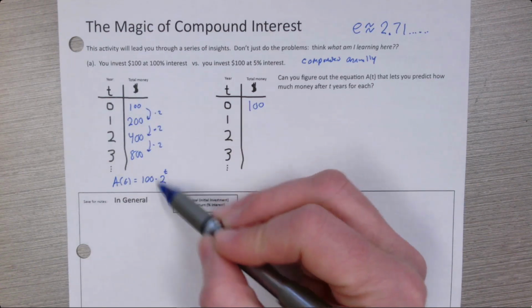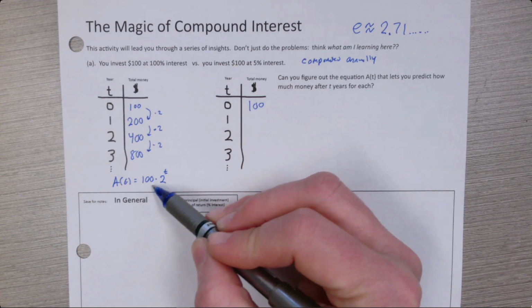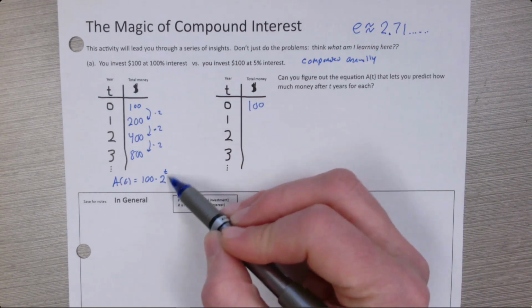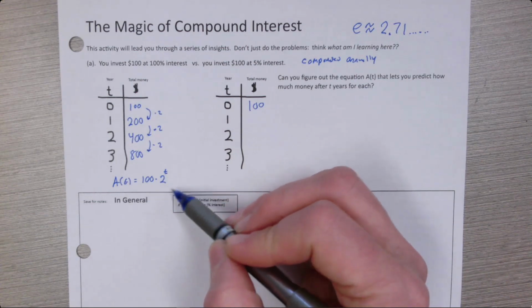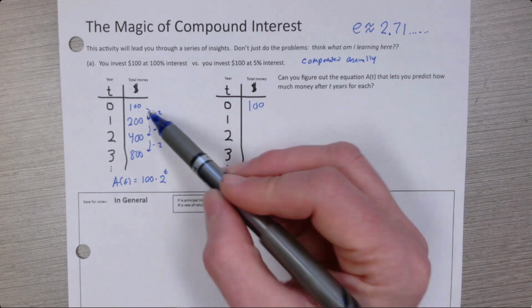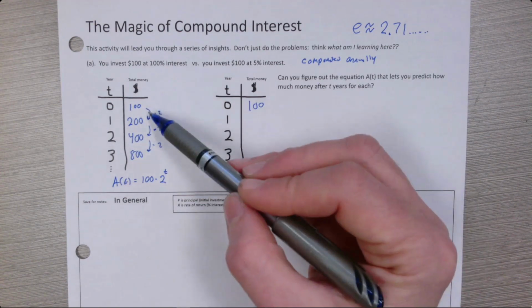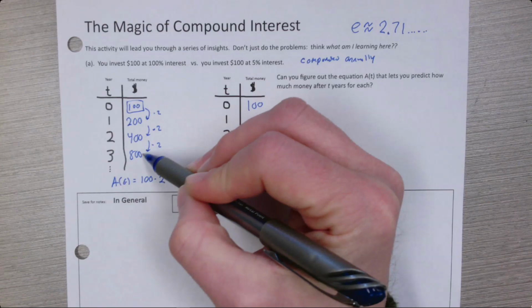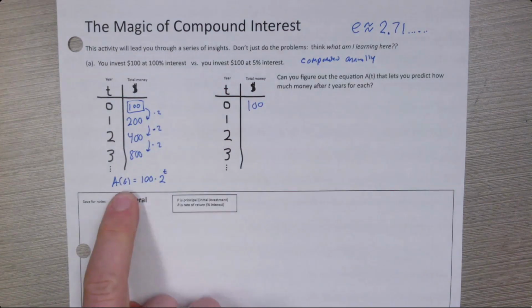And this is literally saying multiply 100 by 2 t times. So if t was 3, we would be saying times 2 times 2 times 2. So this 2 to the t power is almost like instructions for saying, starting with your starting amount, how many times do you multiply by 2 to get to the row that's the year that you've described as your input.